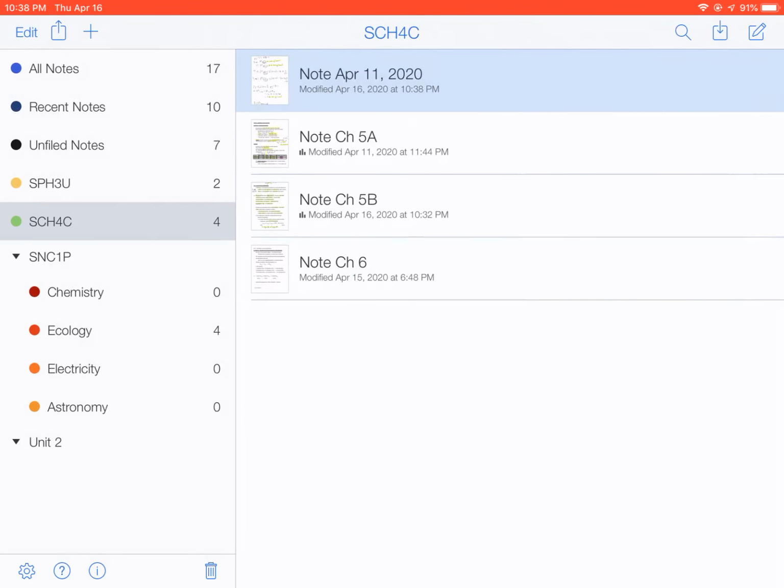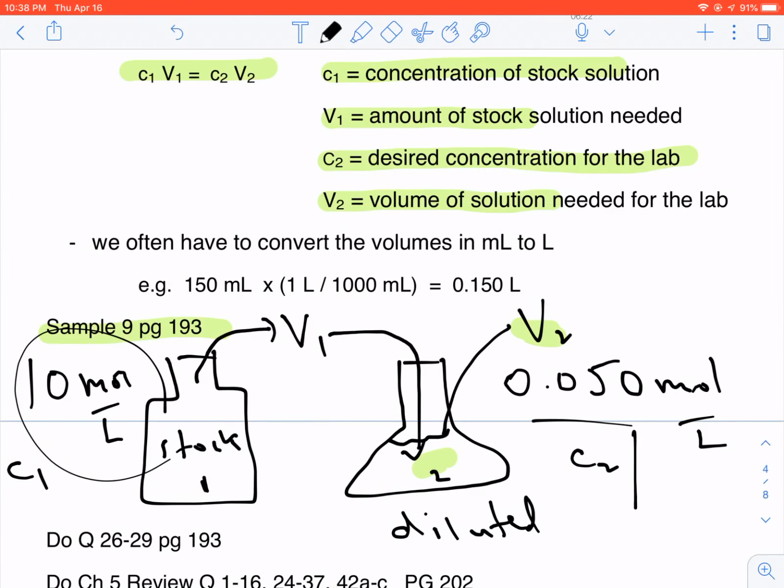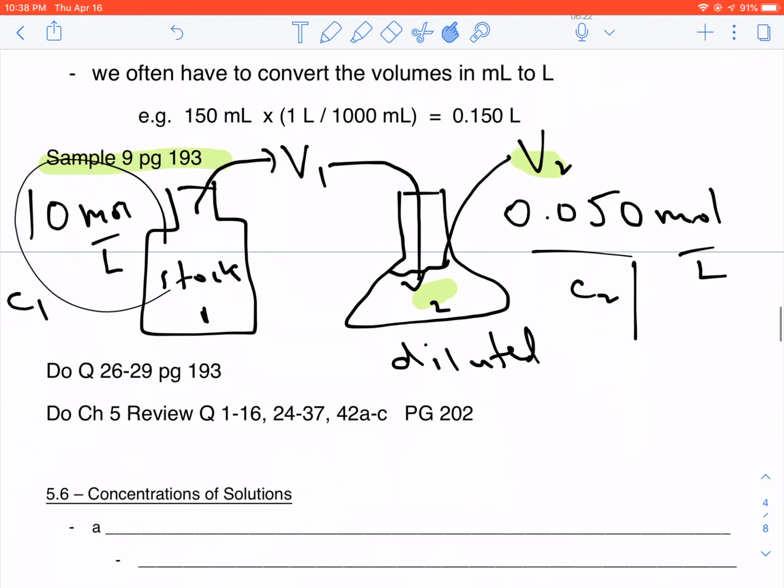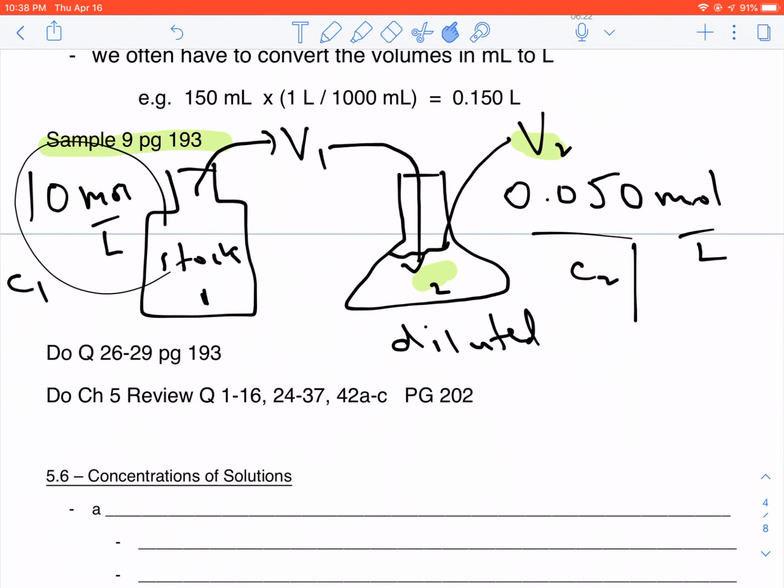Okay, that being said, I'm going to leave you with these 4 questions here, questions 26 to 29 on page 193. I'm also going to leave you with the questions on page 197. So ignore this one for now. We'll come back to this next week when we do our Chapter 5 review.